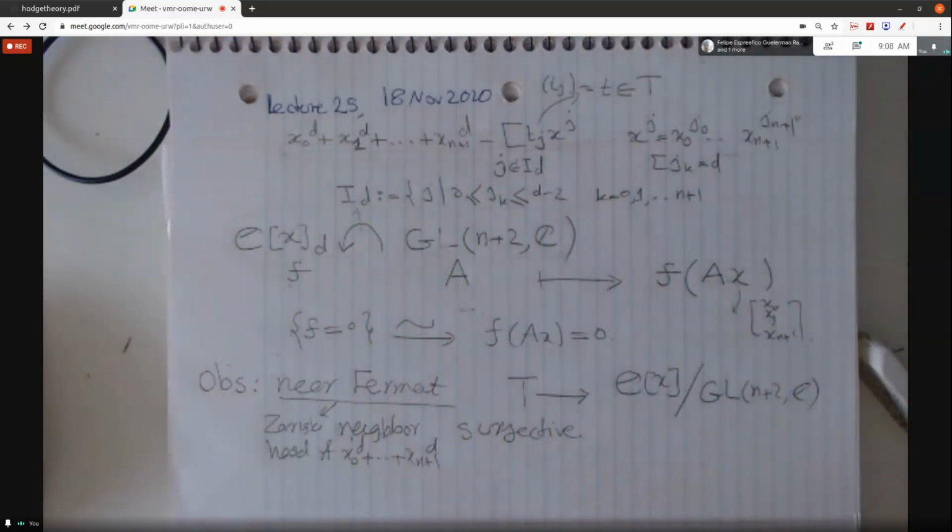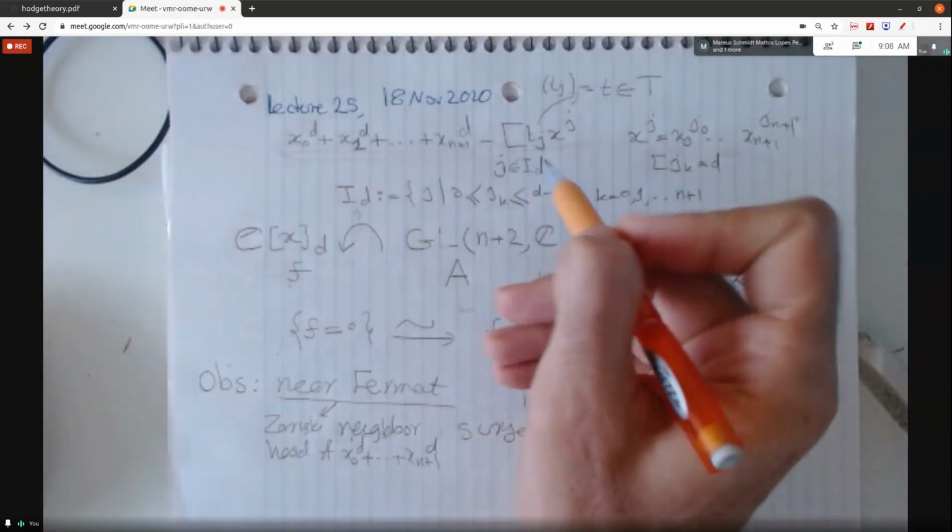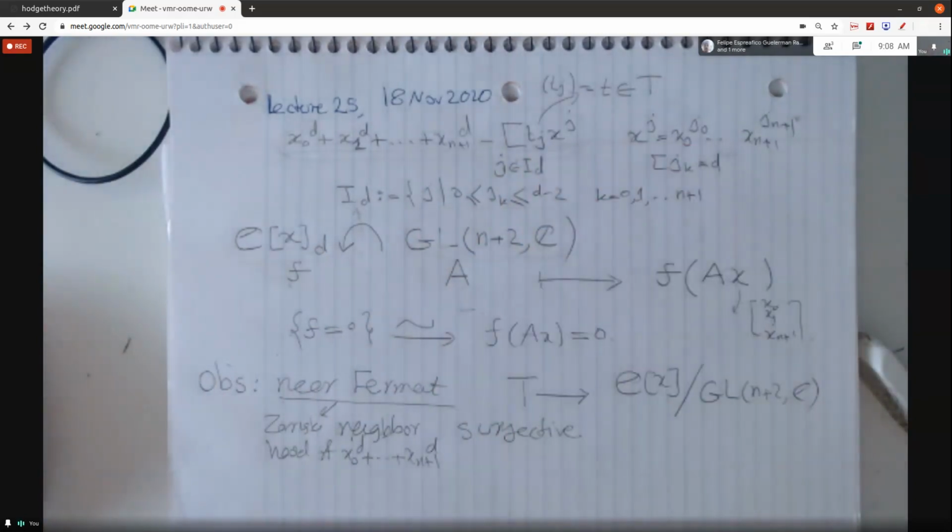If you are interested in all hypersurfaces, just considering this family, which is still a huge family, it has a lot of parameters, but a few monomials less is good for computation. Okay, so this is the reason.